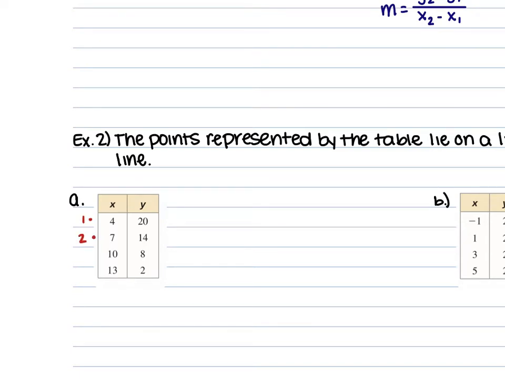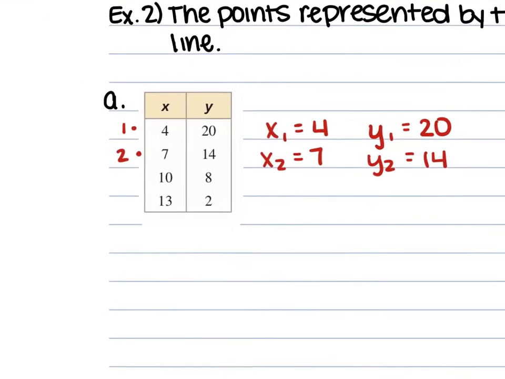So when I do this, I identify my x1 as 4. My y1 has to come from that ordered pair, so that would be 20. My x2 is 7, so my y2 has to come from the same ordered pair that the 7 came from for my x2. So that's 14. To find my slope, I'm going to use my formula.